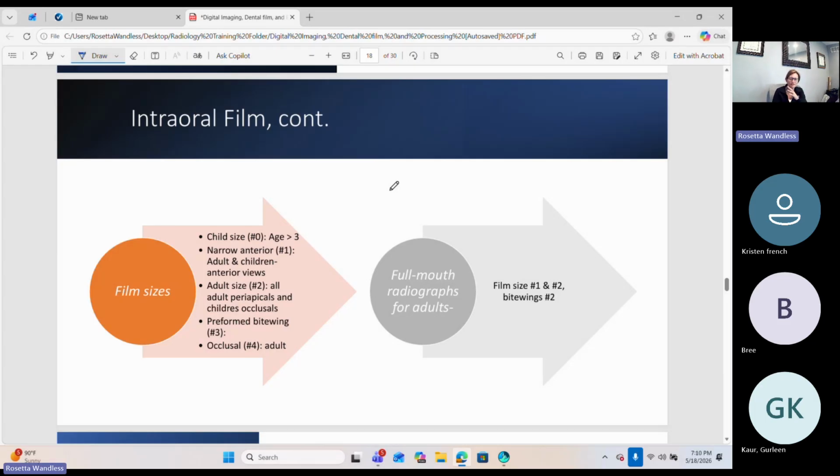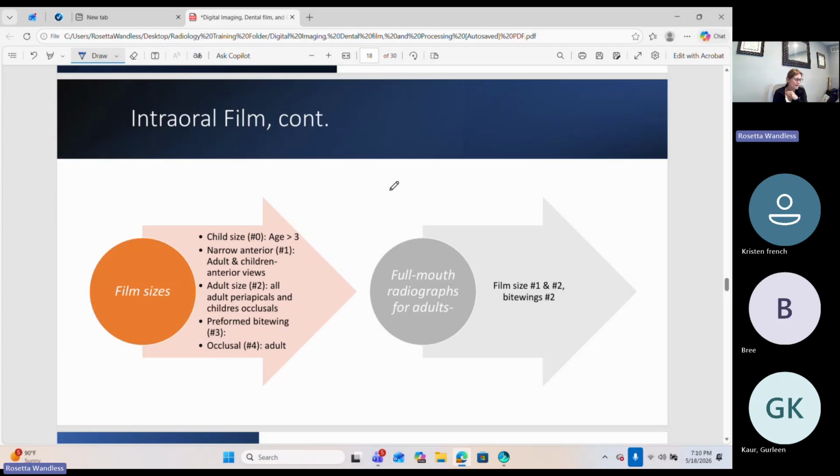I have not seen a number 3 sensor out in the world, or a digital version of it. I've only seen the actual film number 3. And typically I would see them in perio offices because they take bite wings frequently. And that was the dentist's choice, basically by provider, whatever their preference is.